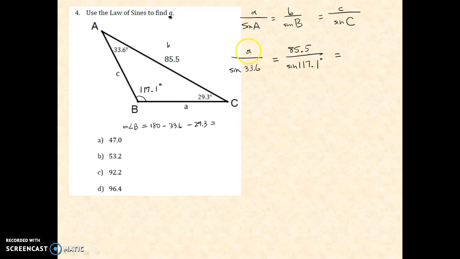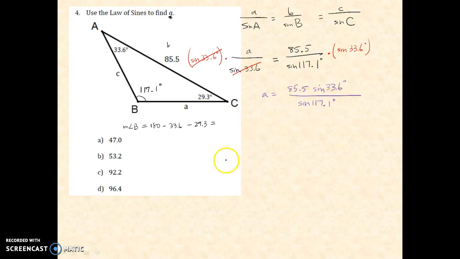Alright, now if I wanted to find A, I would just multiply both sides by sine of 33.6. So they will cancel over here, and I'll get A is 85.5 times sine of 33.6, these are degrees, divided by sine of 117.1 degrees.